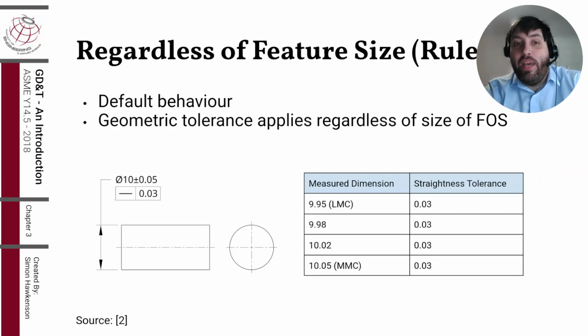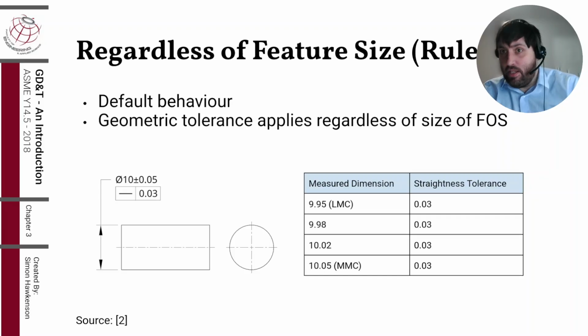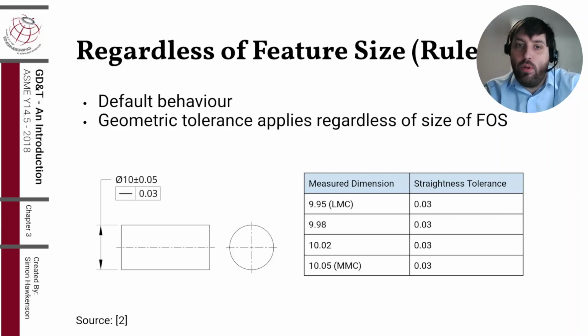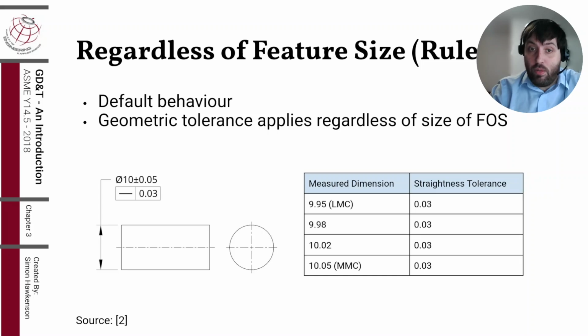Okay, well, you might then ask, if that has to be a rule, it must mean we can change this behavior? And the answer is yes. It is actually really common to do so with modifiers. Why would we want to change this behavior? Without going into too much detail, we might, for example, want to add a little bit more flexibility for manufacturing. And this is probably the most common reason to change this behavior, as RFS is pretty strict for manufacturing, that is.